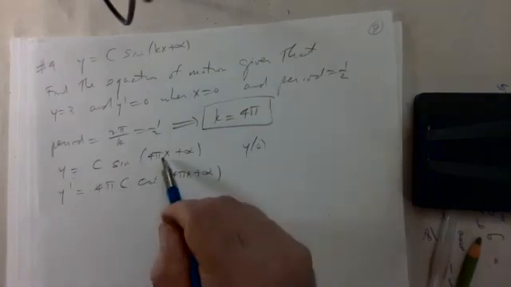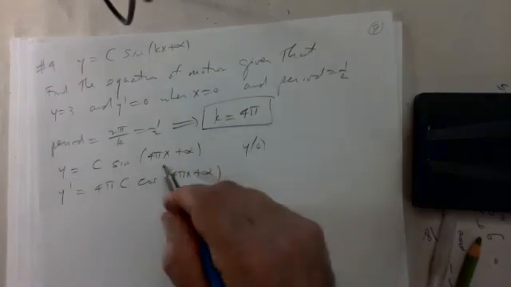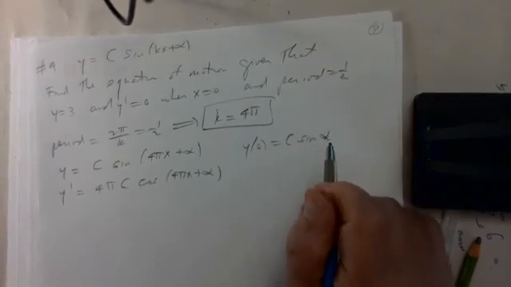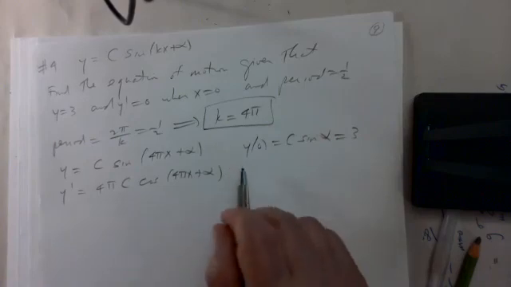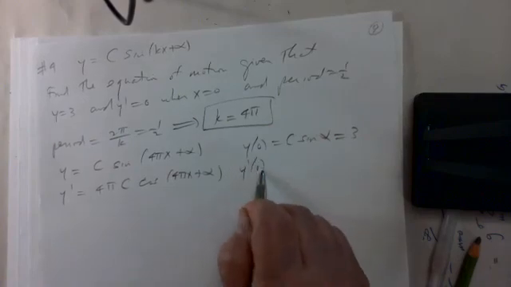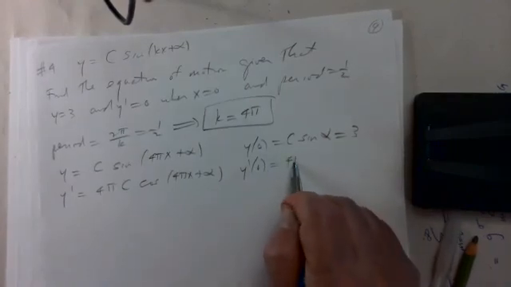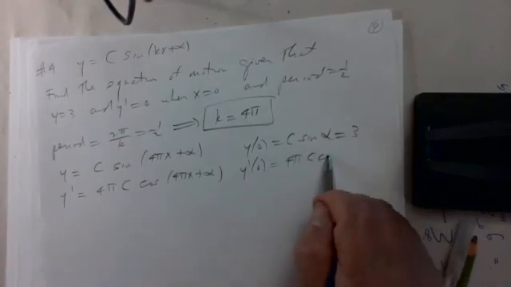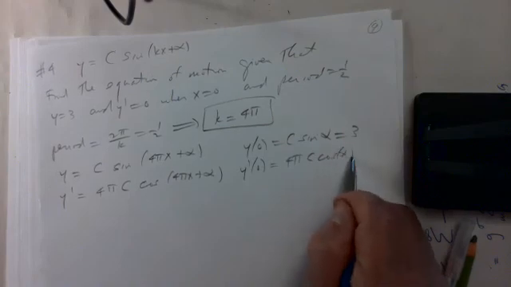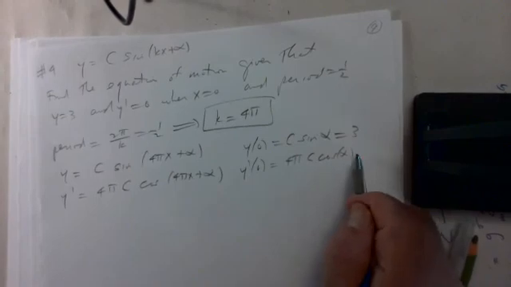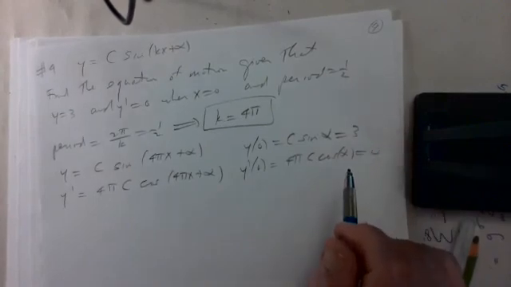So when I let x equal 0, y at 0 is c times the sine of alpha, and that's equal to 3. And y prime at 0 is 4 pi c cosine of alpha, and that's equal to 0.